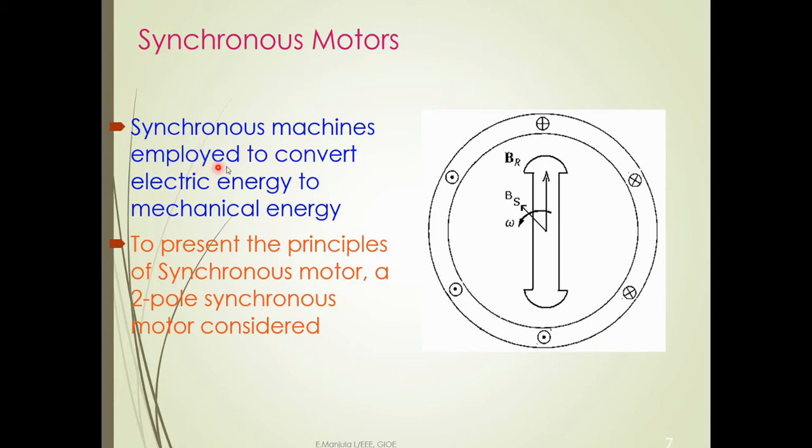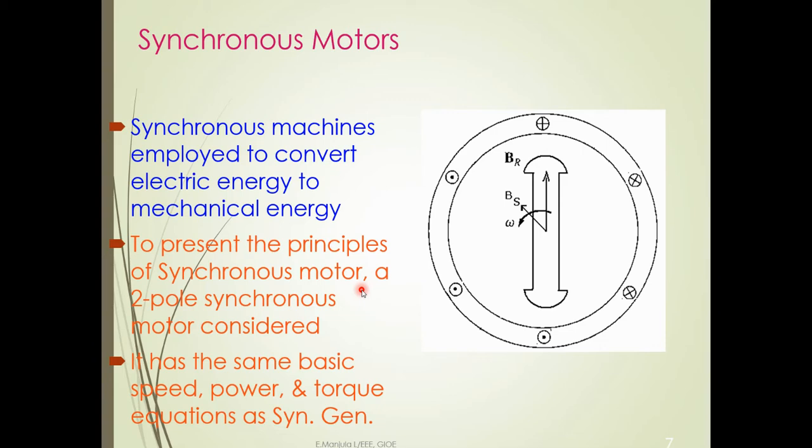A synchronous machine is employed to convert electrical energy into mechanical energy. To present the principle of a synchronous motor, a two-pole synchronous motor is considered, and it has basic speed, power, and torque equations the same as a synchronous generator. So T is equal to K into BR into BS, in the counterclockwise direction.